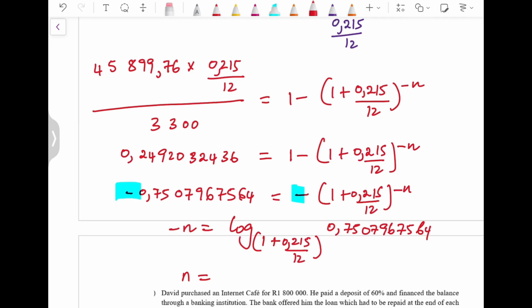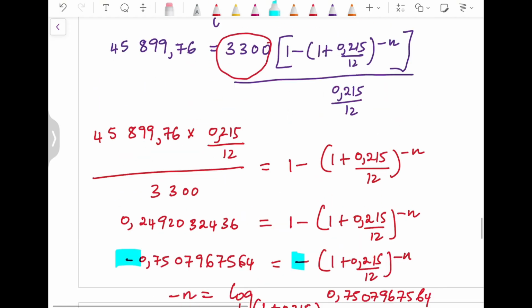So my n is 16,140,297,84. Now that is your value of n.